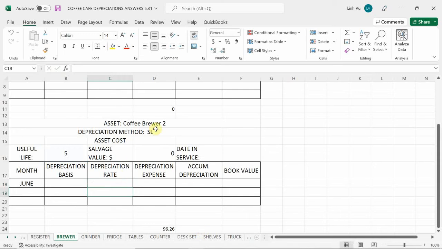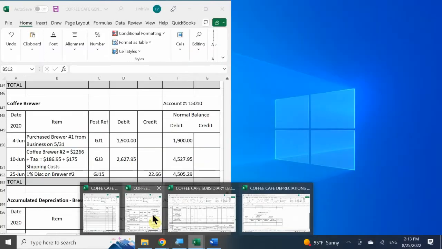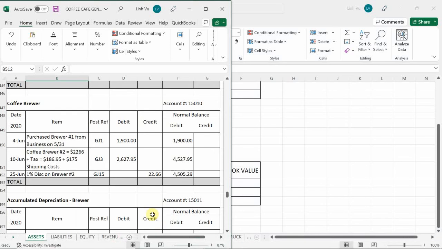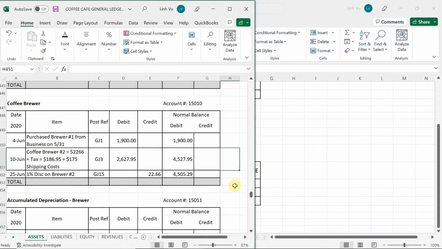What about my second coffee brewer? How much is my second coffee brewer? We paid 27.95, but we got a discount. So how much is my actual coffee brewer?